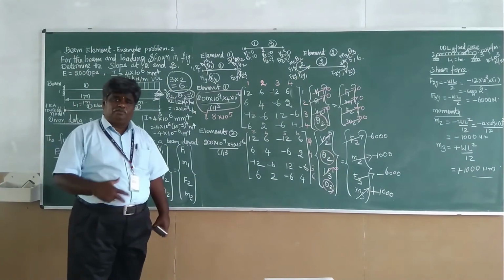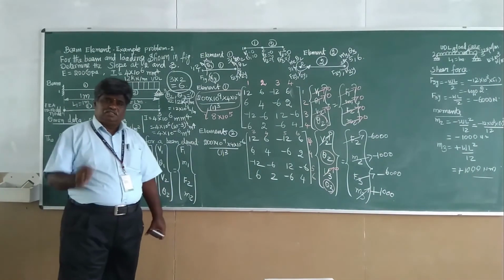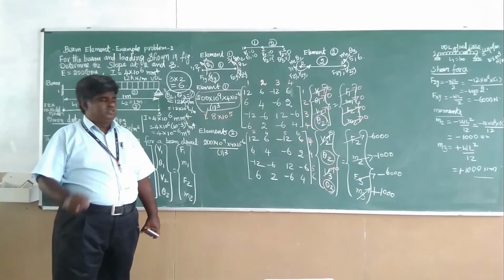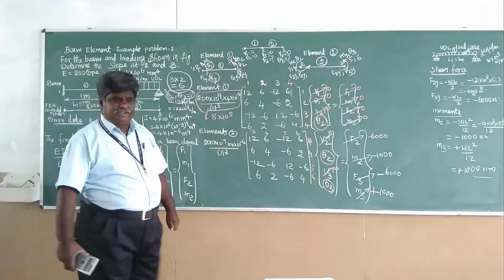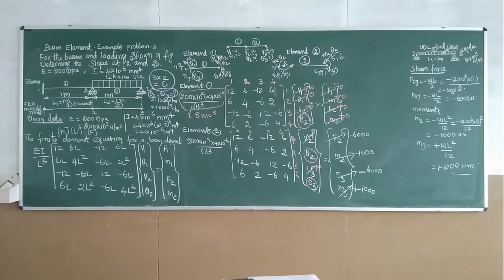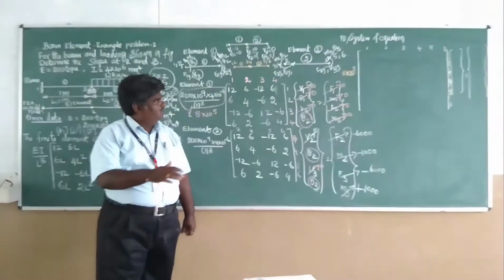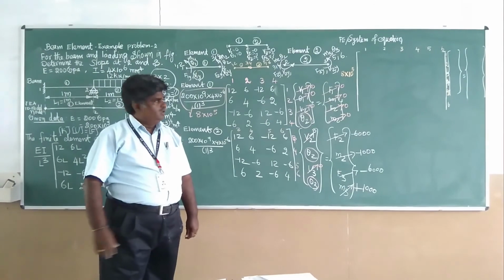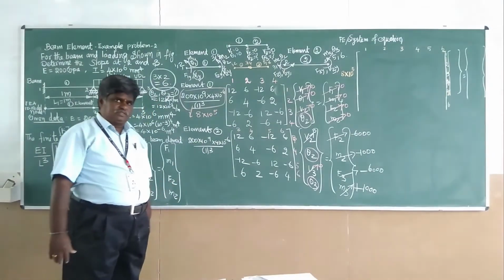After the elimination approach, we have to reduce the stiffness matrix. Then we can determine the slope at nodal point 2 and nodal point 3. This is the standard procedure.